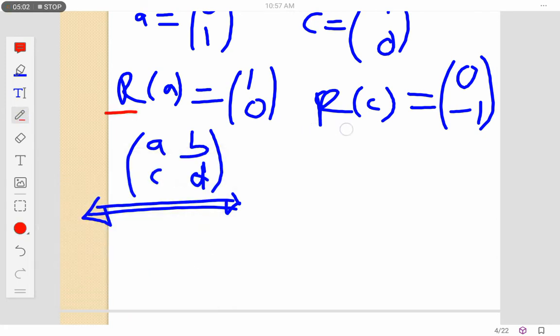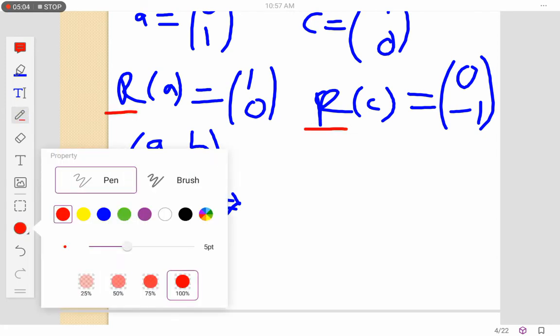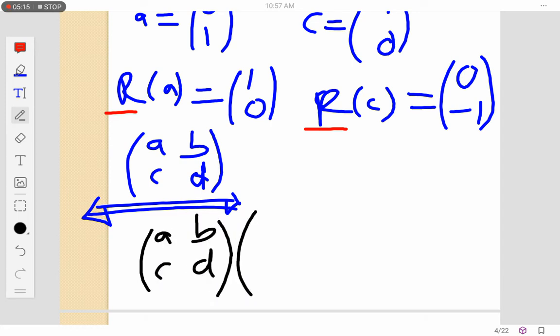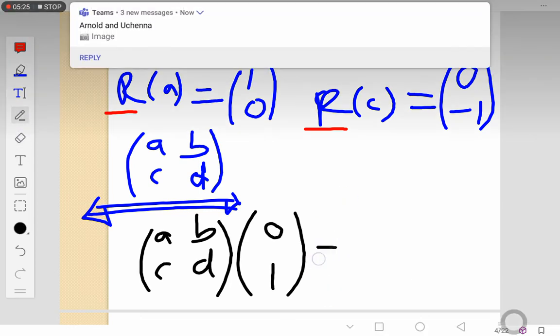For point A, I have a, b, c, d multiplied by our initial position 0, 1, and the final was equal to 1, 0.